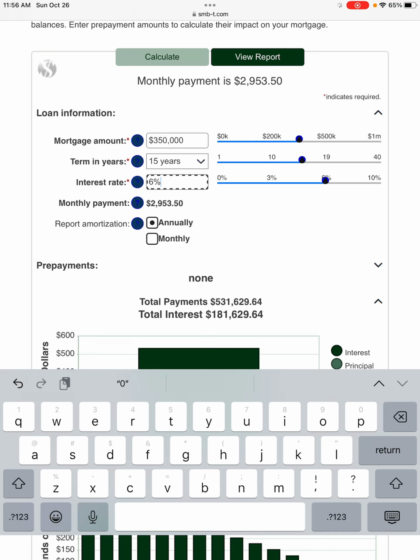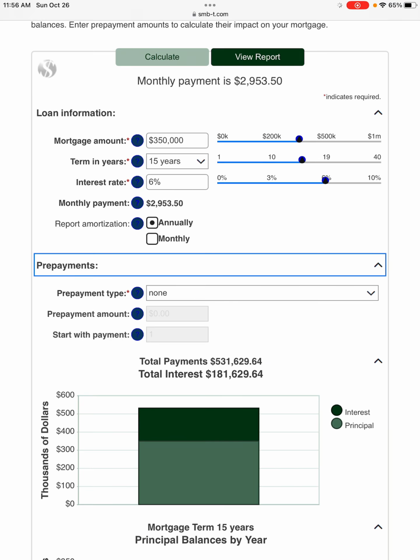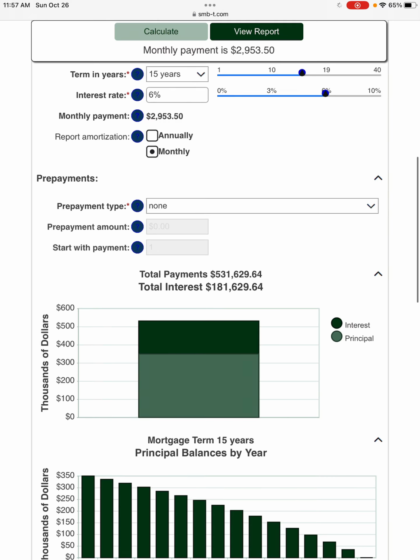So let's put in 6.0, a 6% interest. Now it's slightly under $3,000, but look, now I'm paying only $181,000 in interest. At that original amount, it was over $400,000.